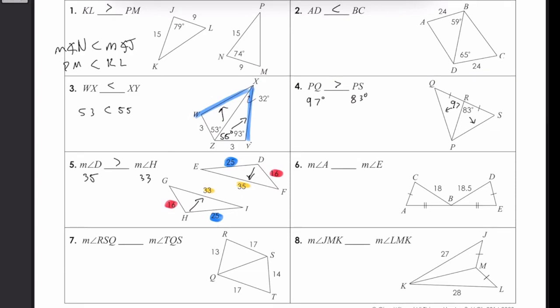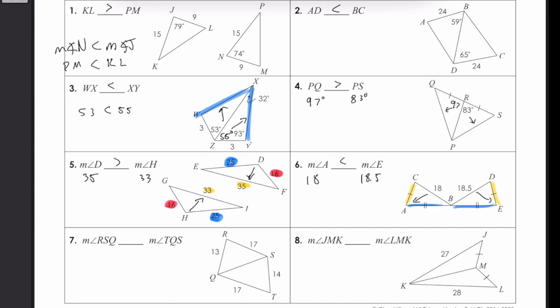On number 6, we're given our congruent marks. We have them marked here. And the angles are opposite of the sides we're given. So A is opposite of your 18, and E is opposite of your 18.5. 18.5 is slightly bigger, so E will be slightly bigger than angle A. On number 7, we have the measure of angle RSQ and measure of angle TQS that we're looking for.